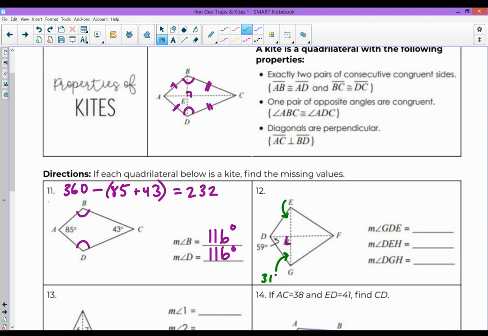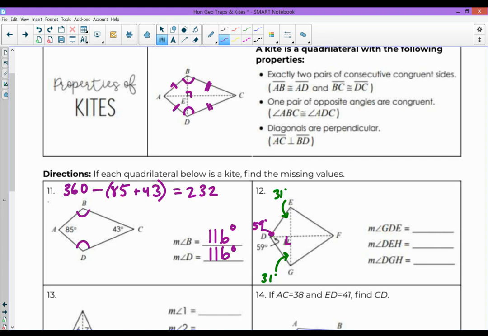Just like that little angle there is going to be 31 degrees since these 2 total angles are congruent. So I know that this is also 59 degrees. Okay. So that's all I can kind of figure out from this.